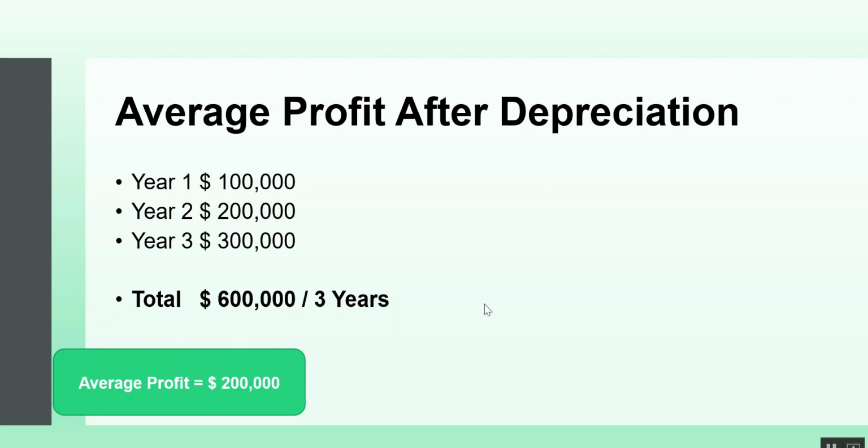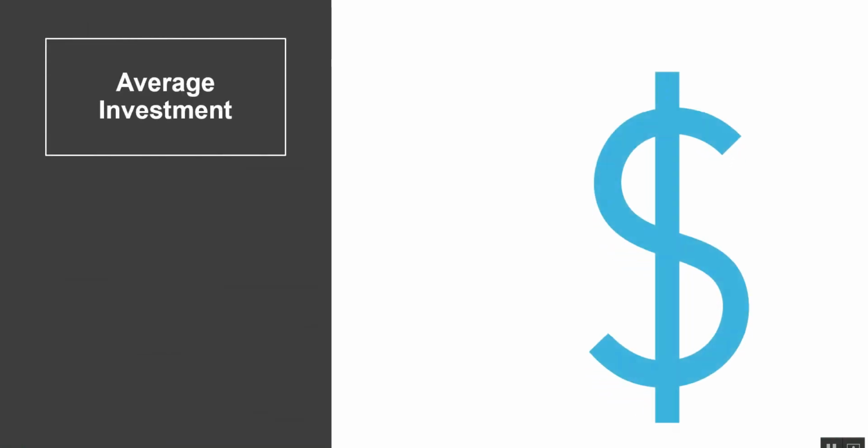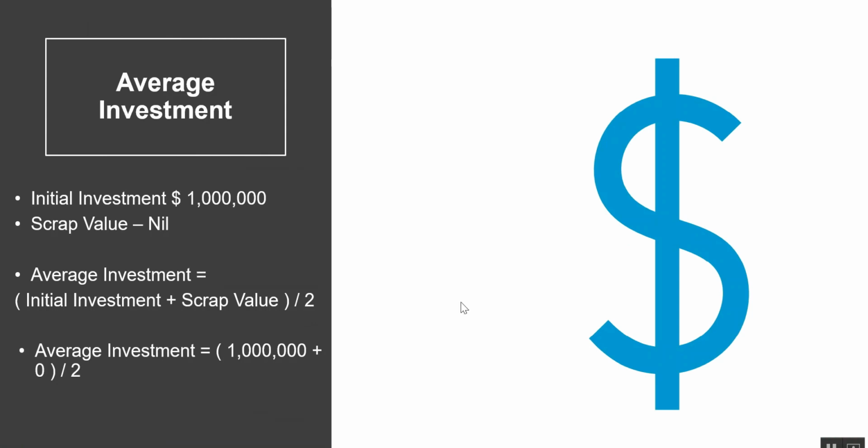What is the other component of ARR? Average investment. So how do you identify average investment? The initial investment is 1 million. The scrap value is nil, zero value.